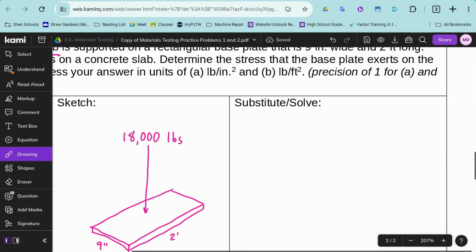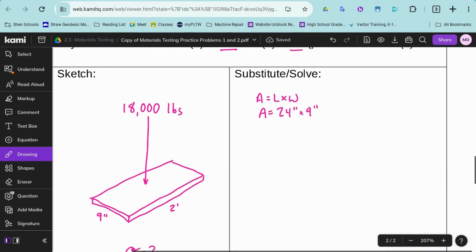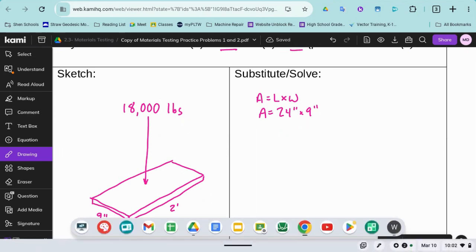So first, let's find our area. And again, we're going to be looking for our stresses in both pounds per square inch and pounds per square foot. So I'm going to find my area in both terms. Length times width. That's 24 inches times 9 inches. Need to make sure that we are working in like units here. So I've either got to convert my feet into inches or my inches into feet to make sure that I'm not mixing and matching.